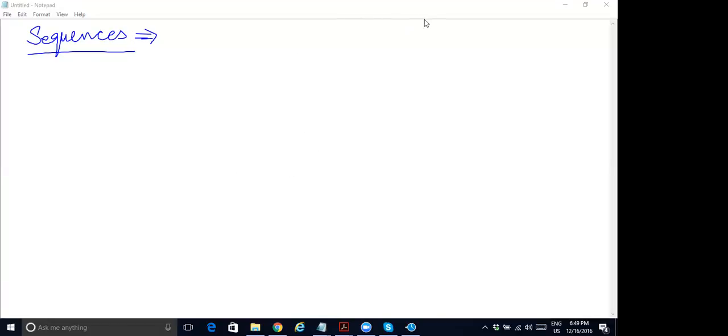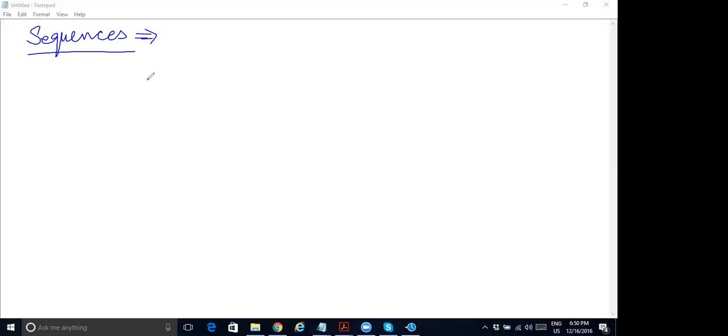Okay. Now, sequences. What do you understand by sequence? Well, I know that a sequence has a number of terms where the second term is a certain constant more than the first term, like in an AP: a, a plus d, a plus 2d, a plus 3d, where a is the first term and d is the common difference between the terms.